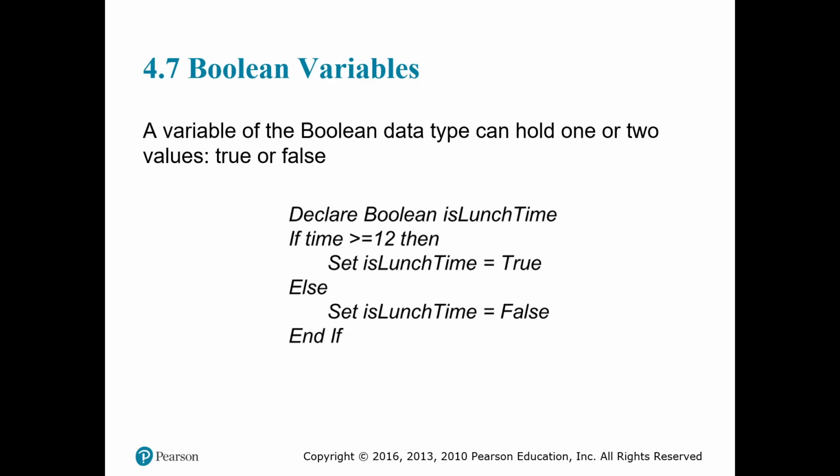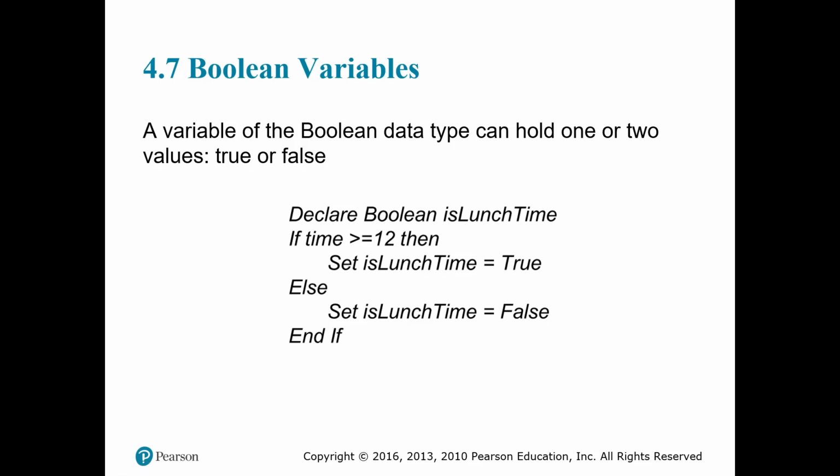Okay, Boolean variables. A variable of the Boolean data type can hold one of two values, either true or false. We can change it to either true or false, but these are the only two values that a Boolean variable can hold. So let's remember our data types.